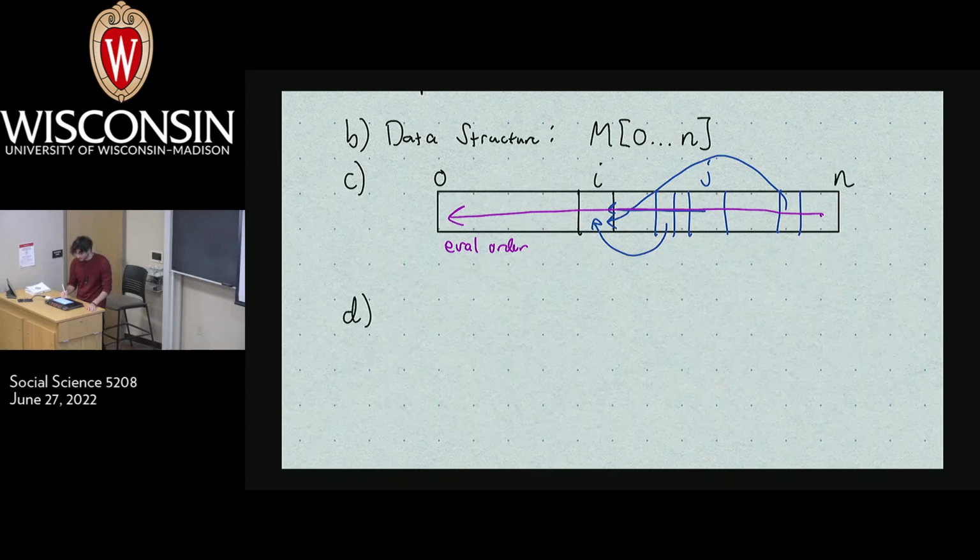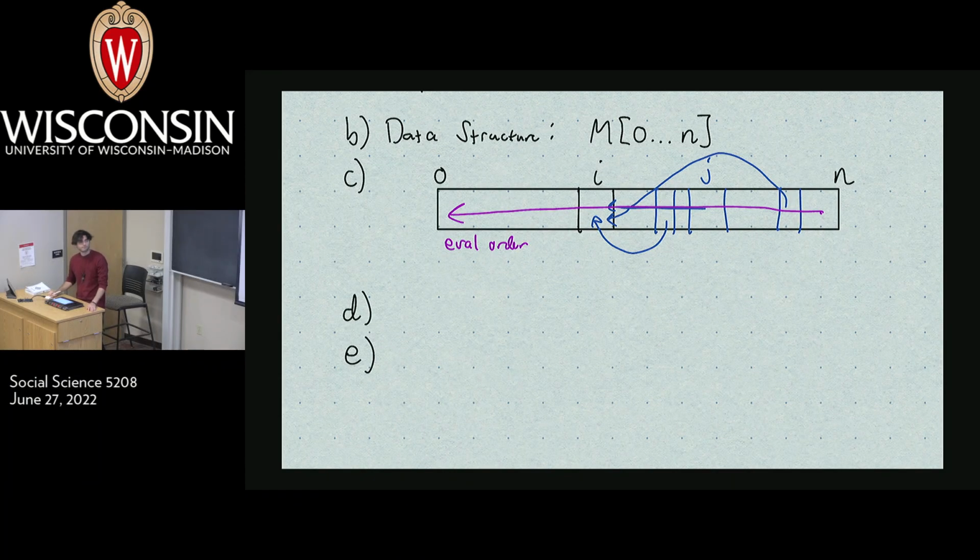Eval order is built into that part, so now we're at E. What's the running time and space complexity? The space complexity is, again, just the size of the table or the size of the array. Now what's the time?